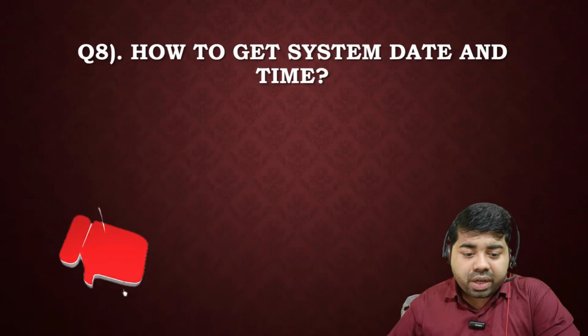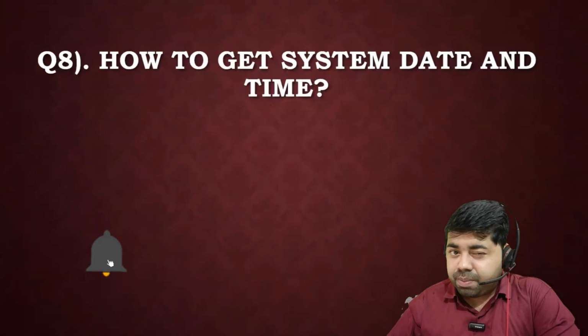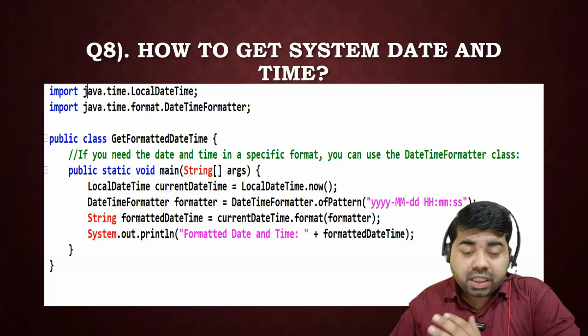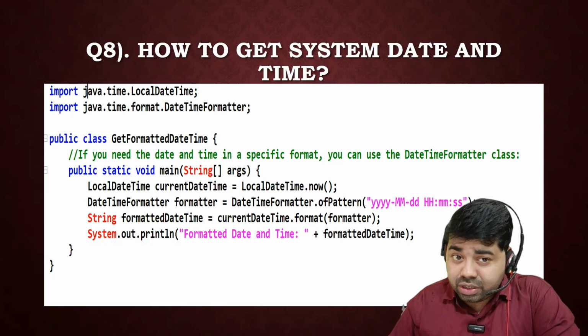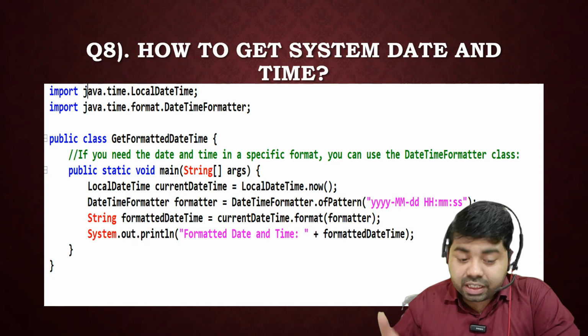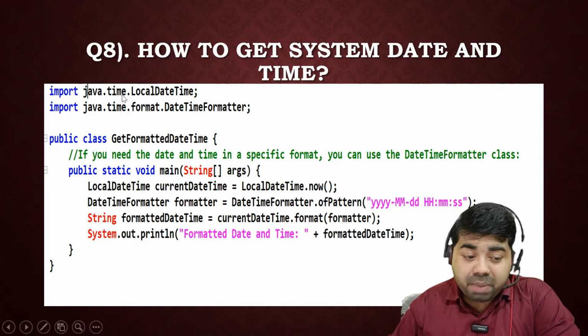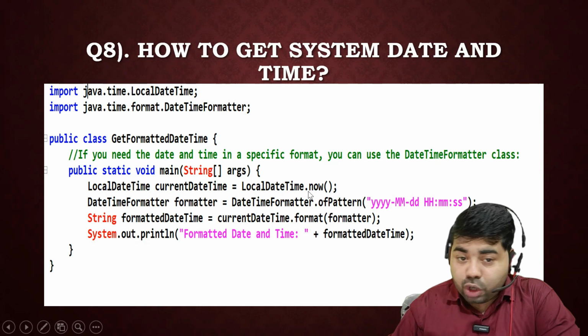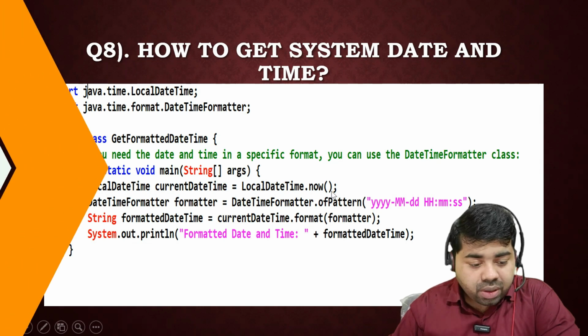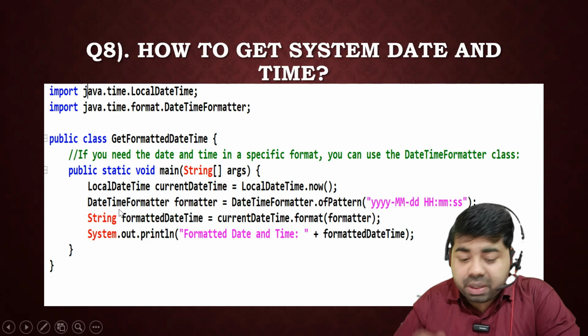Okay, how to get system date and time? So guys, this library is available in Java. We have a time package. Inside this time package, we have LocalDateTime. So we can create an object of LocalDateTime and call the now method. Then we can print, right?